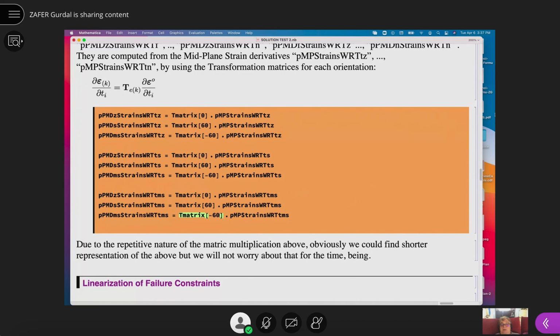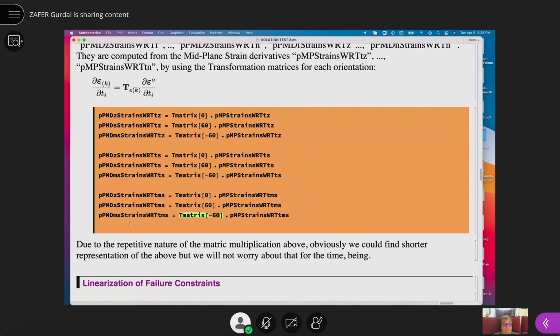Okay, everything on the right hand side should be available. Everything on the left hand side are being defined new. I hope I didn't leave any typos. Please do check one more time. The first three are the derivatives of 0, 60, and minus 60 with respect to 0. Second three are derivatives of z, 60, minus 60 with respect to 60.